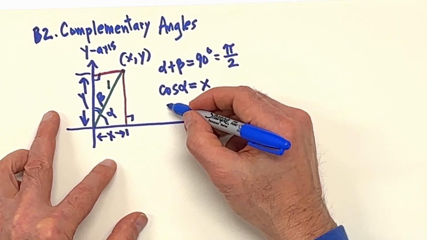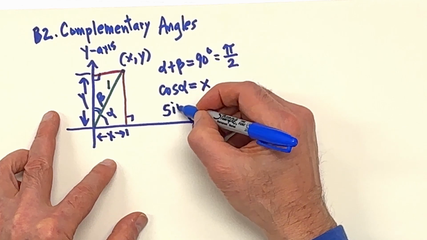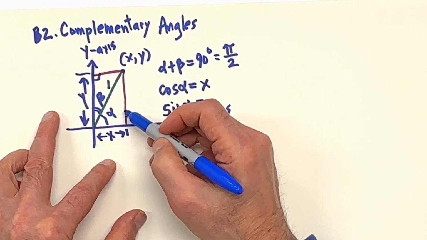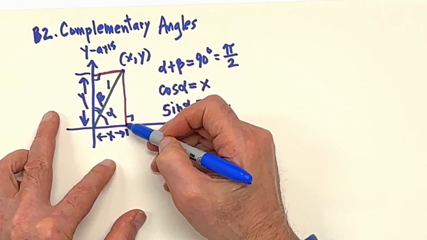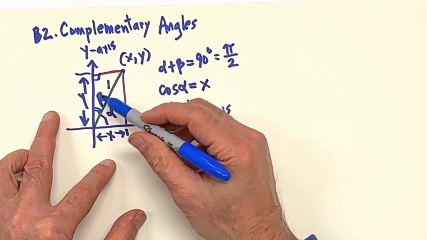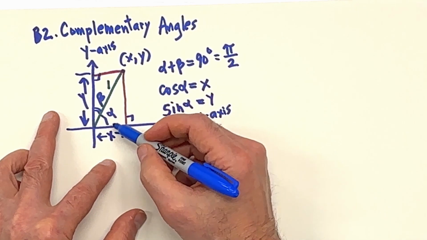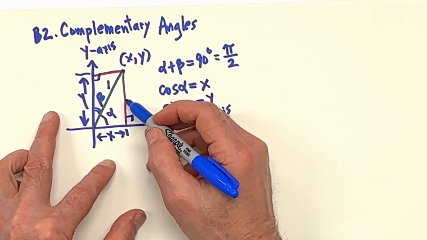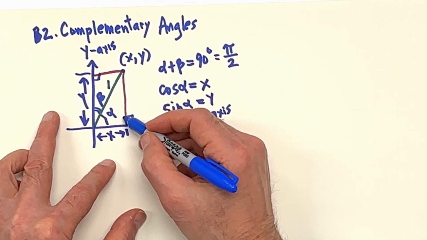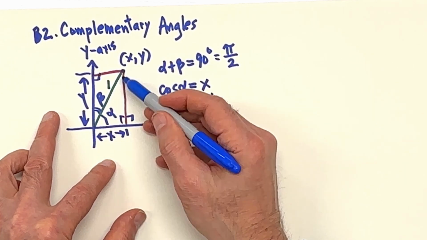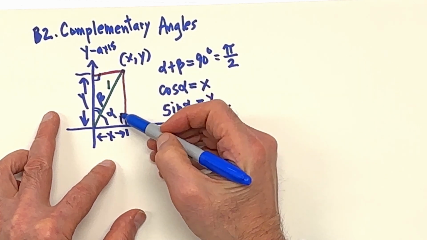And the sine of the angle is going to be the length of the red one, which is your y, divided by 1. Now, the way you want to remember these, you get the various legs of the triangle correct. You look at the hypotenuse, that's the longest one, because this is a right triangle.